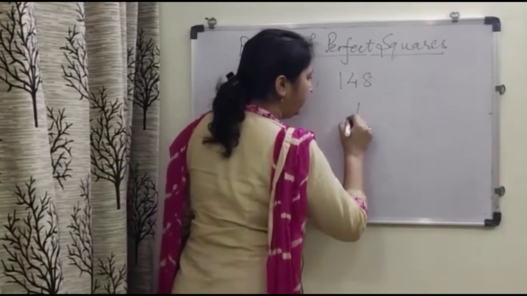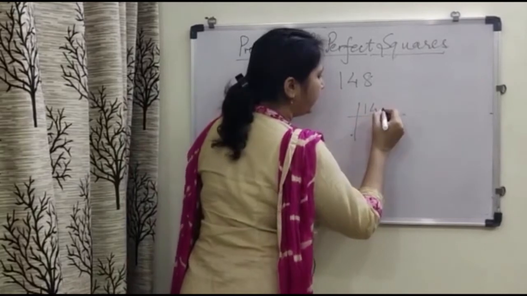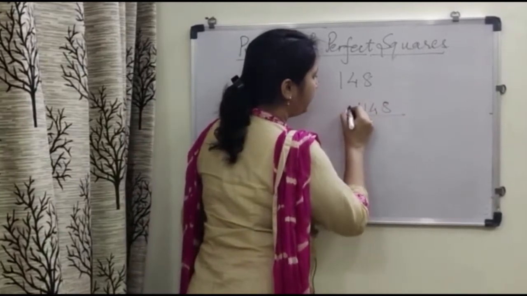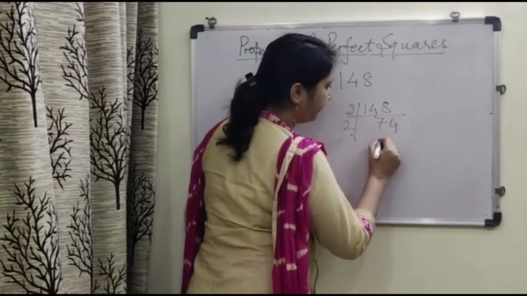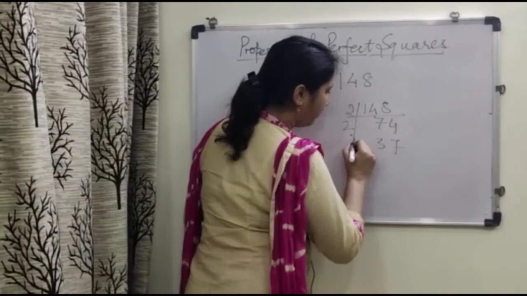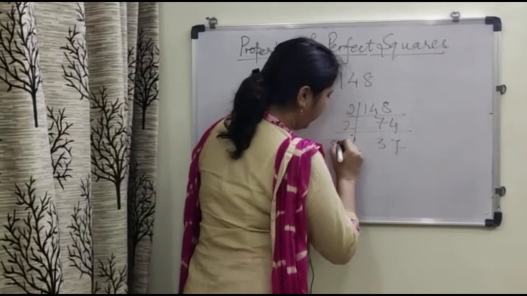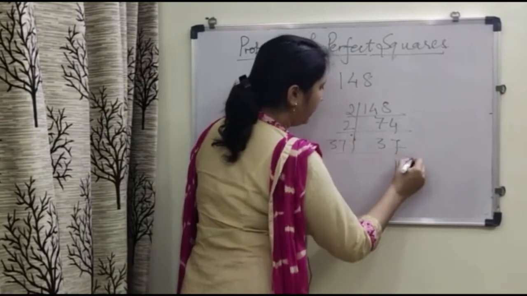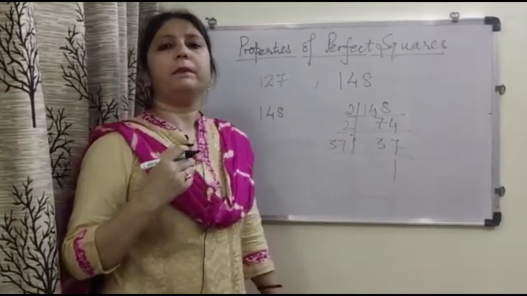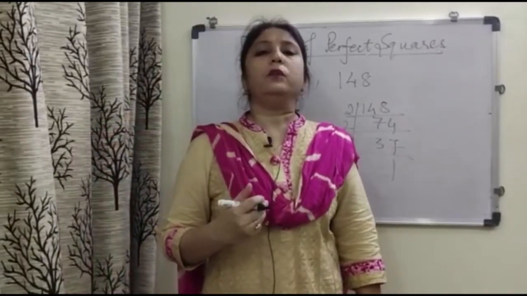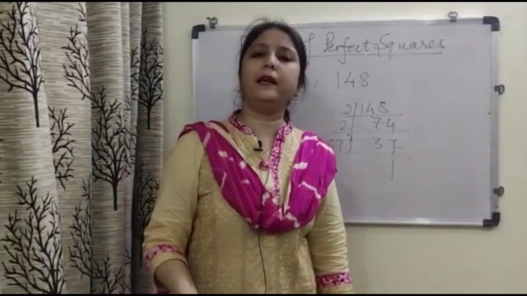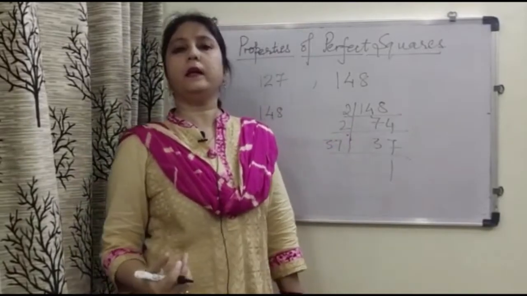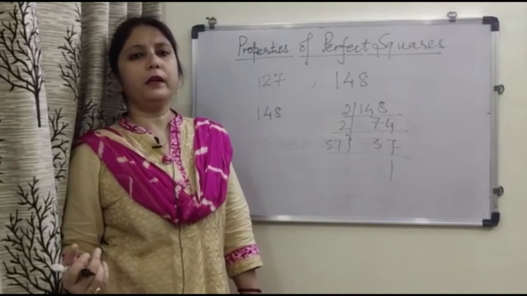You will find again there is a problem. Now you have got a number 37 which is a prime number. Again 37 will be left unpaired. So from this entire process you can make out the numbers ending with 2, 3, 7 and 8 are never perfect squares.